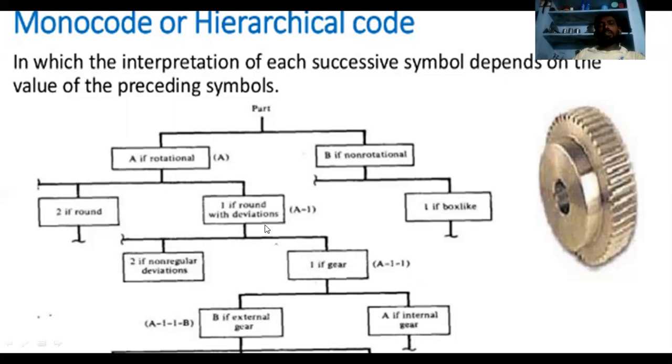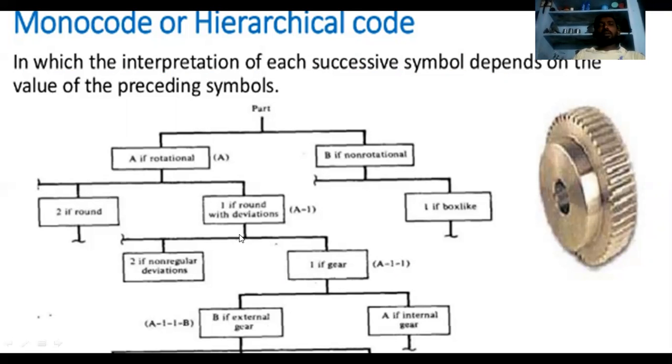Round with deviation and gear are both covered here. Again, if it is a gear we have a further split: A minus 1 minus B if it is an external gear, and we choose the other code if it is an internal gear. So this is the total monocode or hierarchical coding.